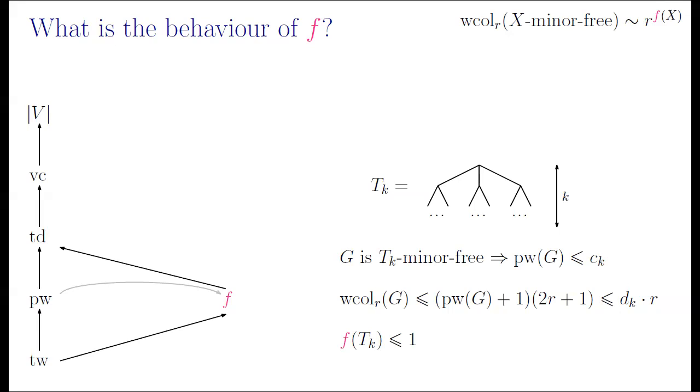So we're looking at K_t minor free graphs and the exponent in r in the bound of weak coloring numbers. It's 1 here. But pathwidth of the tree is k. So we found a graph with large pathwidth but small F of k. So this arrow is not true.